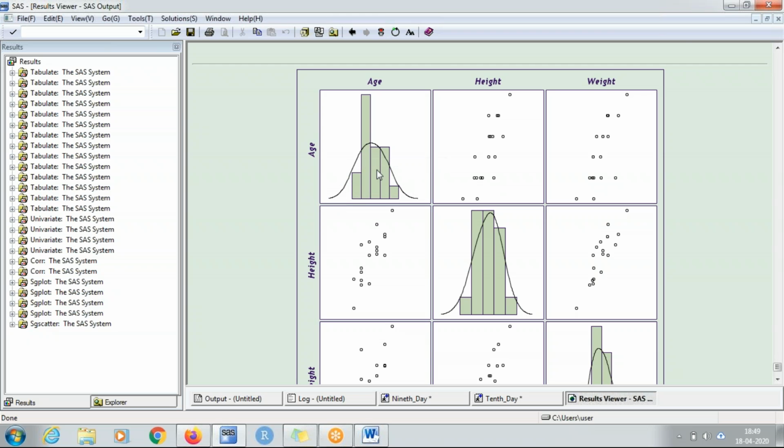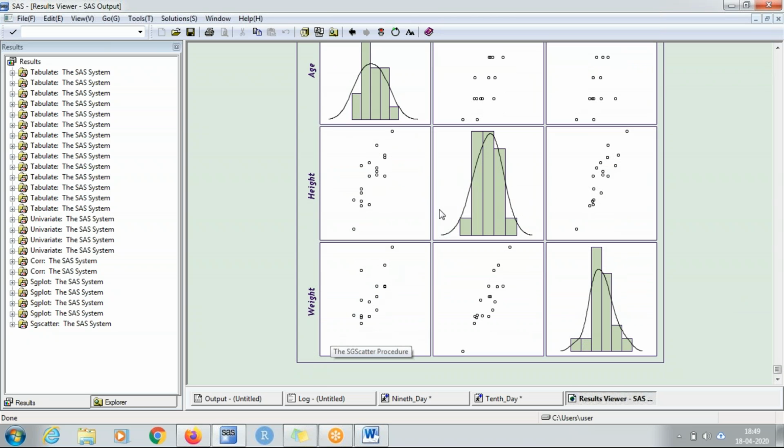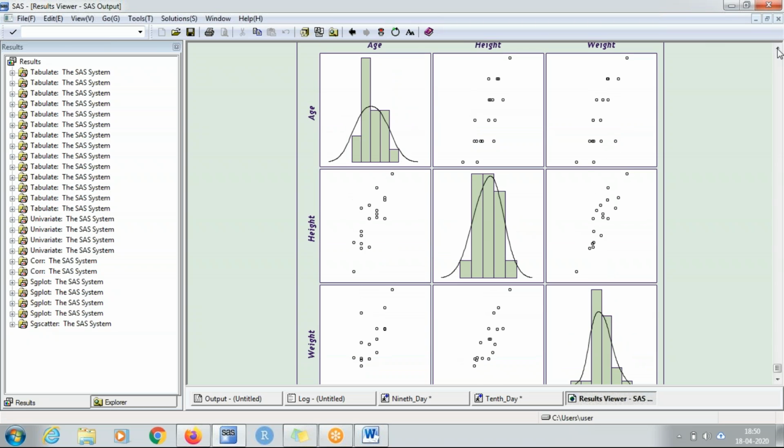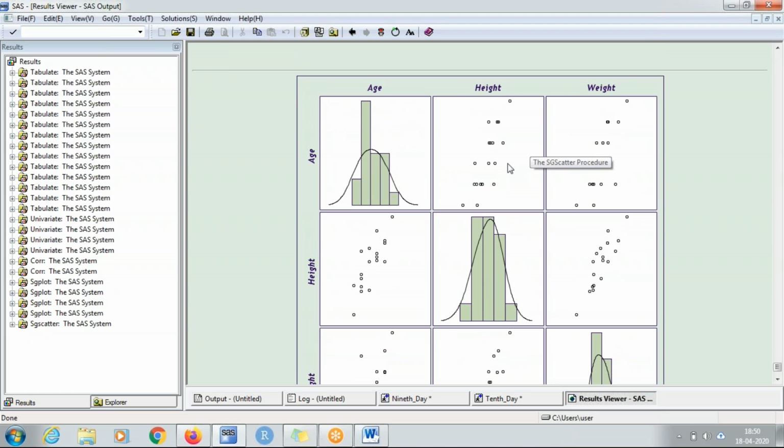This shows you the distribution of your individual variable, right? Plus this is the correlation thing in a graphical format. You must have drawn this. Wait a minute.